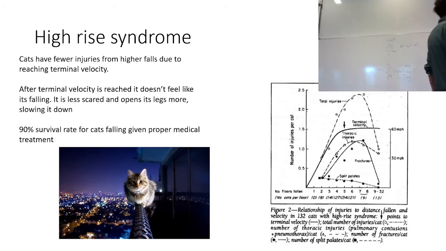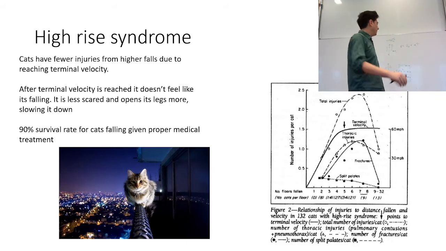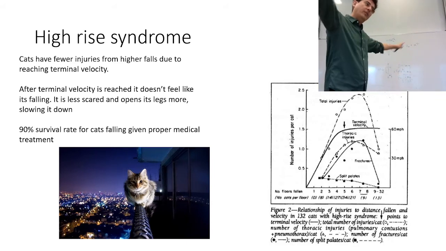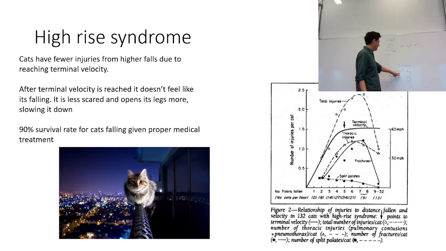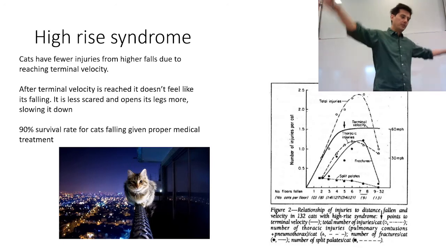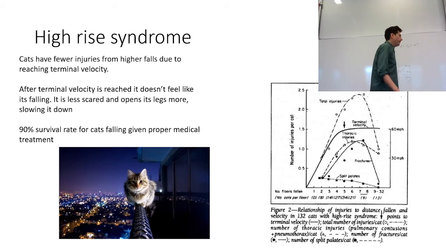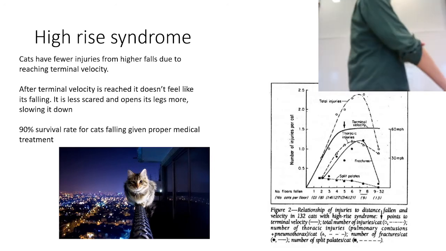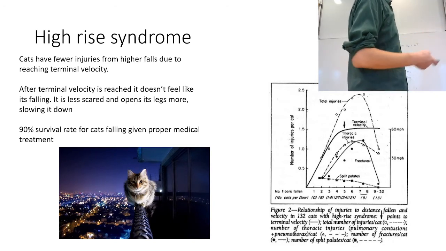And that slows its terminal velocity down, because if the cat opens its legs like this, it's increasing its cross-sectional area, right? So basically, if you ever fall from somewhere, you really want to maximize your cross-sectional area. And so apparently 90% can survive with a bit of medical treatment.